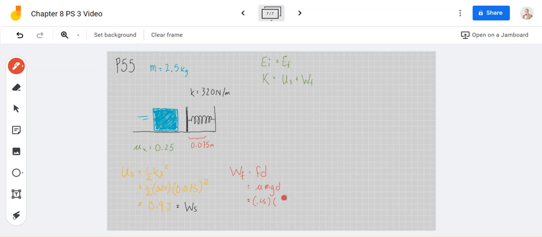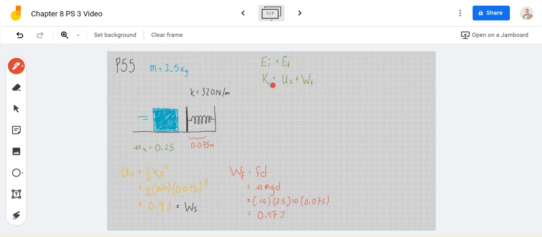The mass is 2.5. g is still 10. And now, what's the slide distance? Well, it slid when it was compressing the spring. So it turns out that the slide distance is 0.075 meters. And I got 0.47 joules.